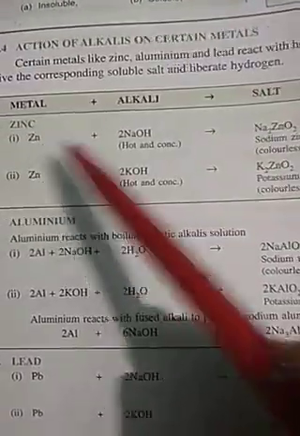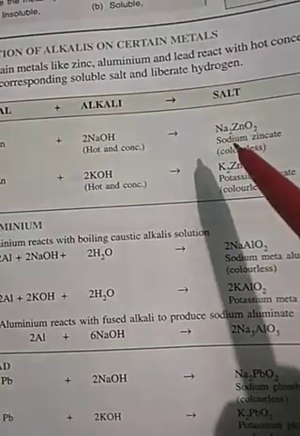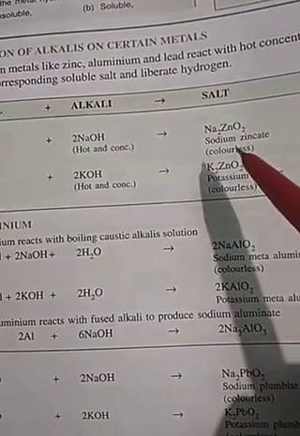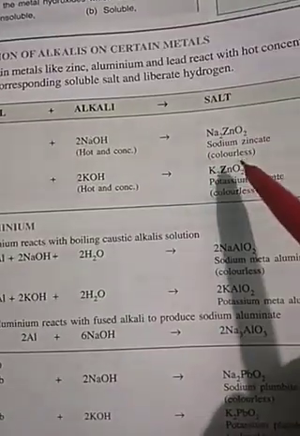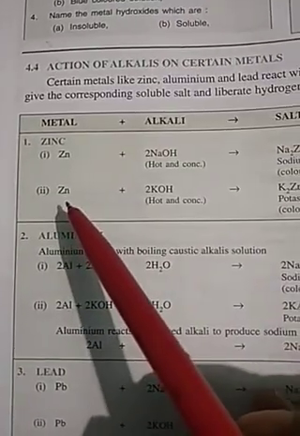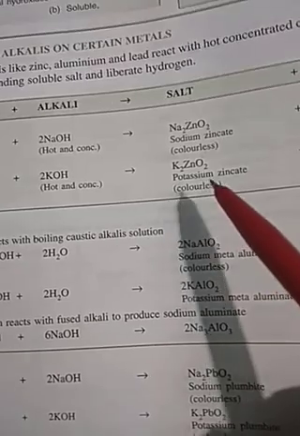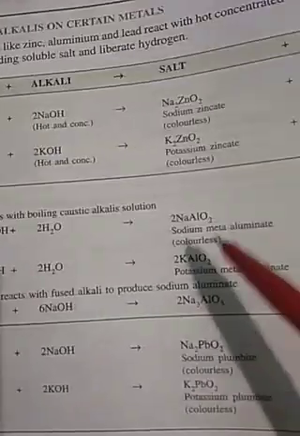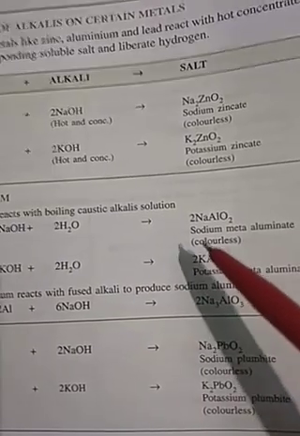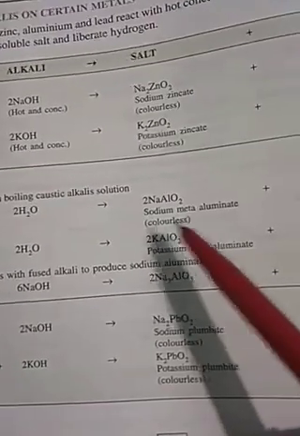salts. See here, when zinc reacts with sodium hydroxide, it forms sodium zincate, color is colorless. Likewise, potassium hydroxide forms potassium zincate. Similarly, aluminium forms sodium aluminate, or it is also called sodium meta-aluminate.